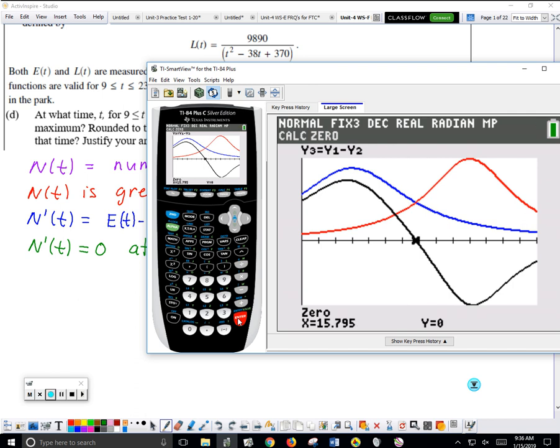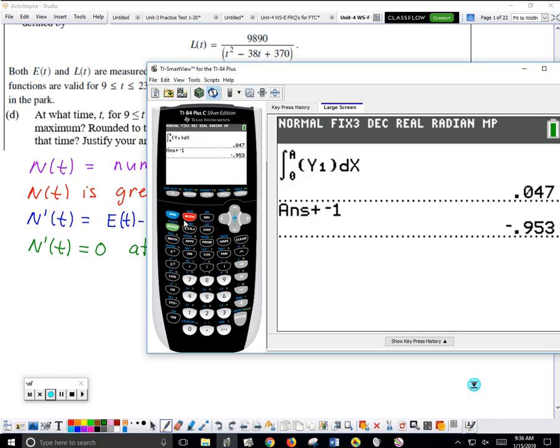So I'm trying to store this x value. On the main screen, I type x, store alpha A. Oh, okay. Thank you. That's for Allison for asking.